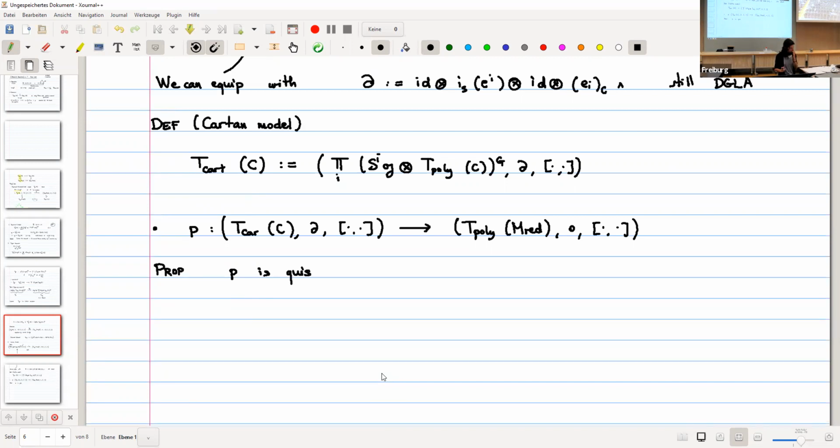Essentially, what we want is iota to be a quasi-isomorphism with respect to this differential, otherwise this is not a model.